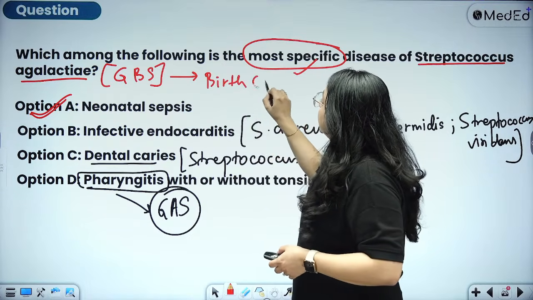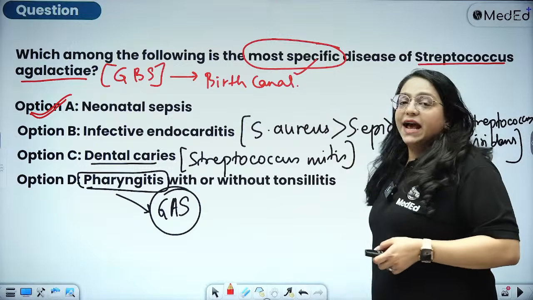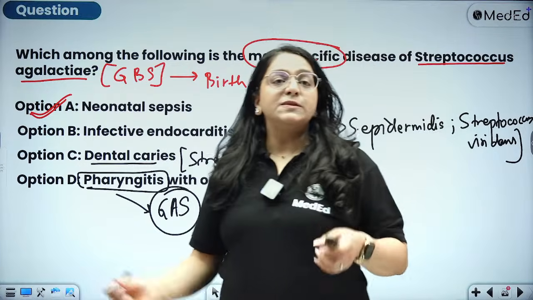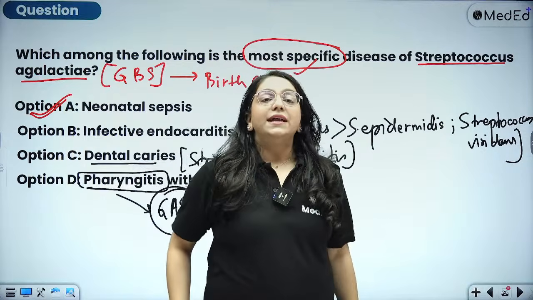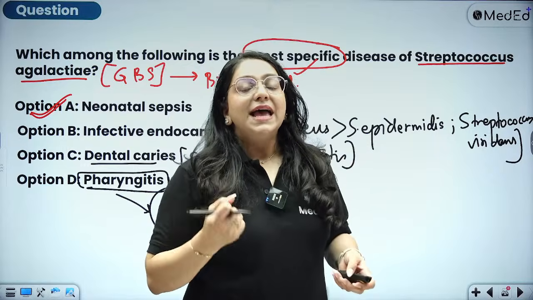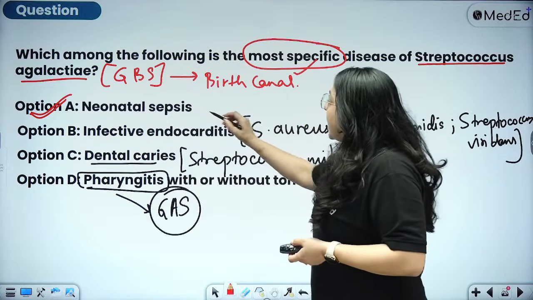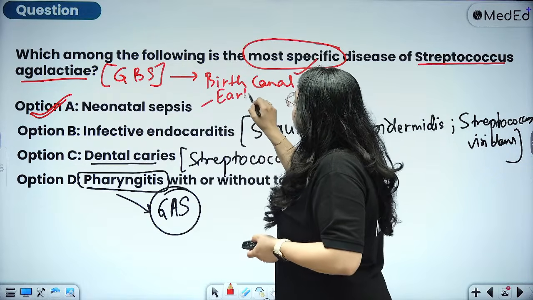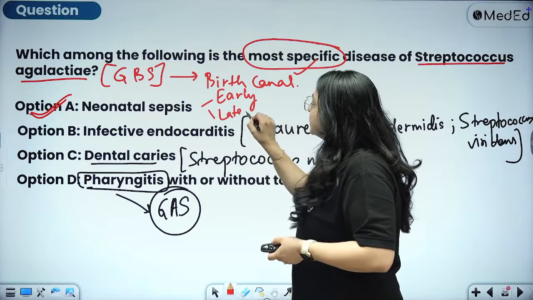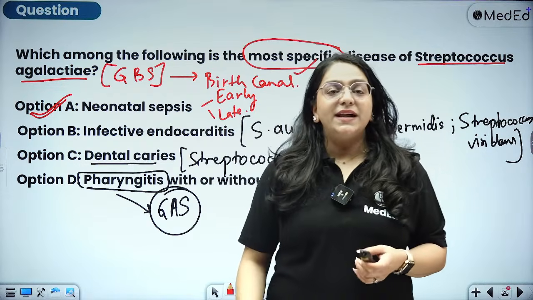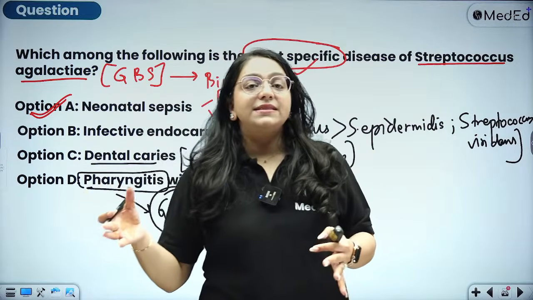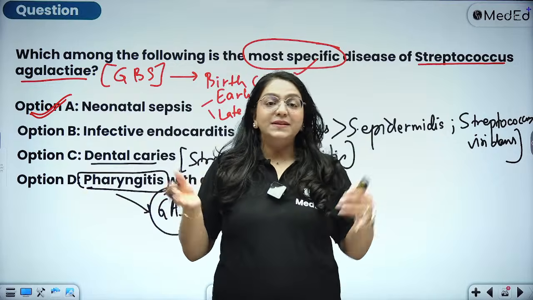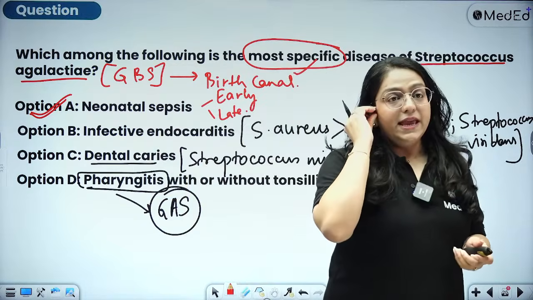It is a commensal in the birth canal of the mother, and at the time of delivery, while the baby is passing through the birth canal, it acquires the group B Streptococcus, and then either early onset or late onset neonatal sepsis can happen. Early means when it happens less than 7 days of age of the baby, and late is when it happens after 7 days of the age of the baby.